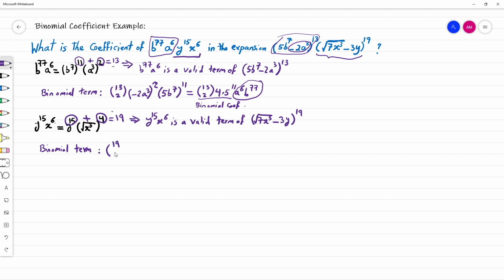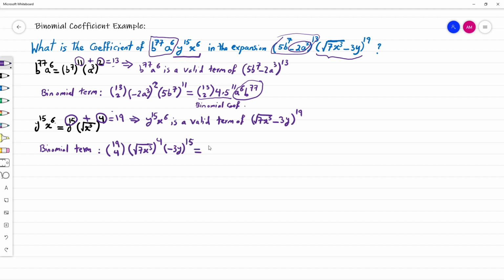So that's why we have 19 choose 4. And then the corresponding component is the square root of 7x cubed to the power 4. And then the remaining ones are 15 parentheses that are just giving us minus 3y to the power 15.